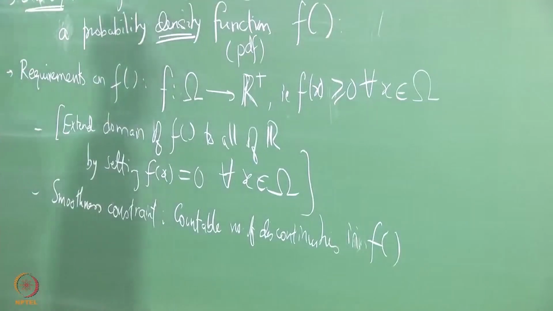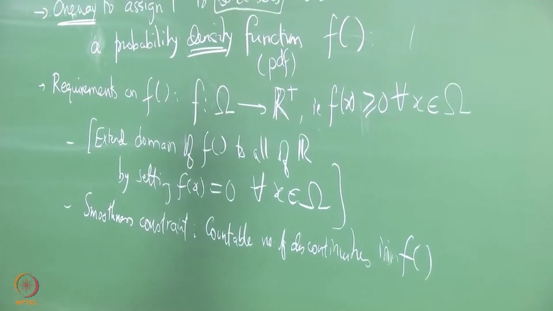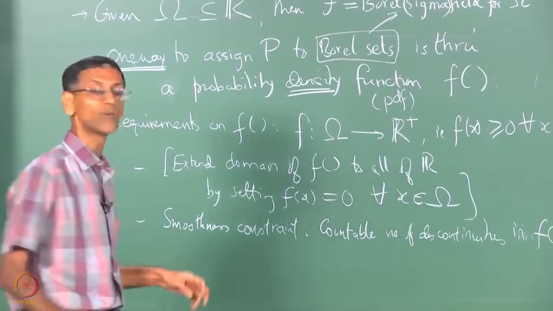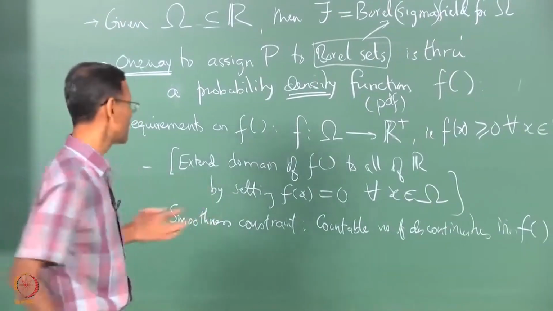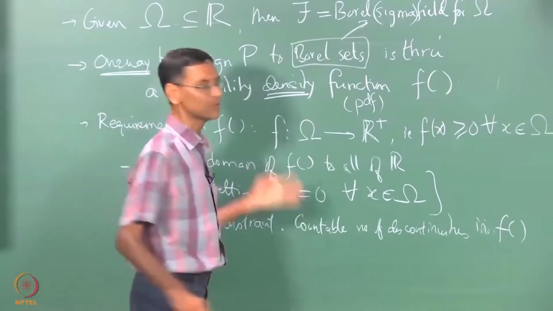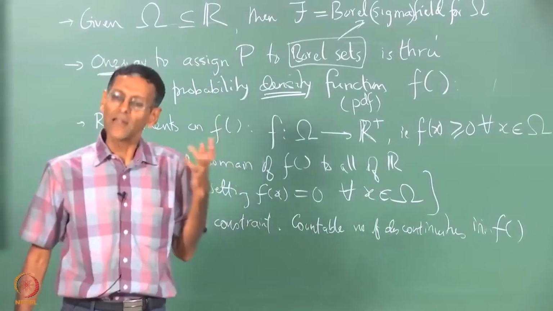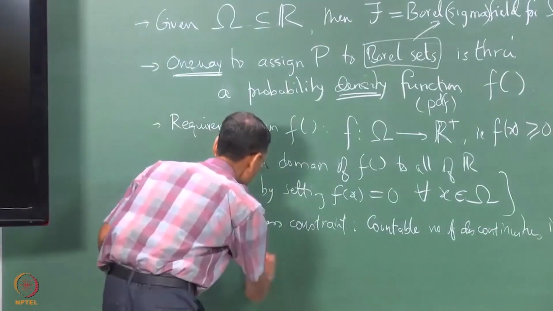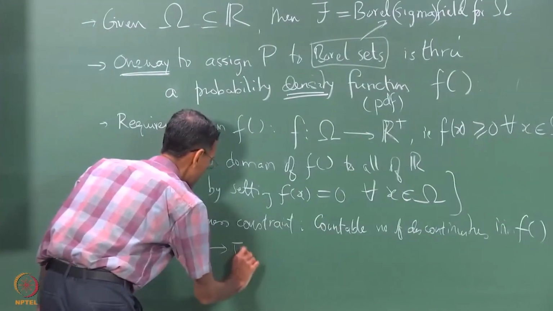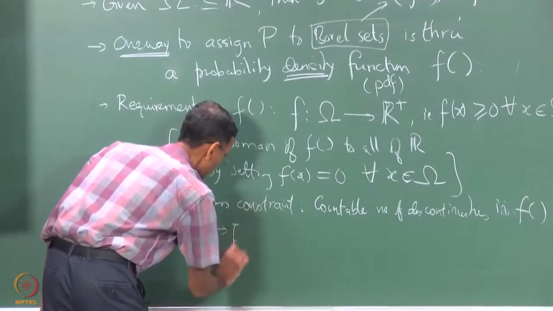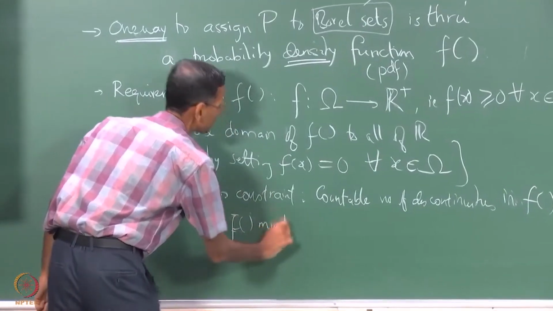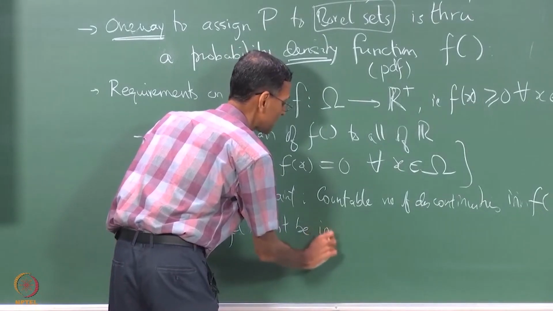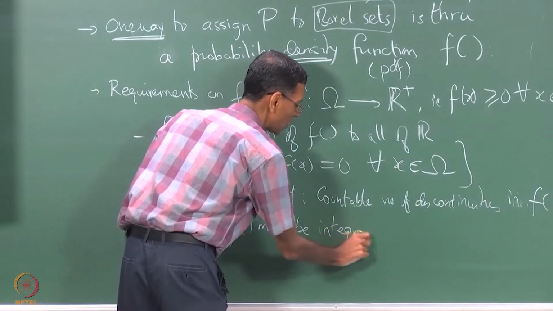So this function does not arbitrarily jump around, like for example taking one value for rational numbers and a different value for irrational numbers. If you think of such types of functions, mathematically it might be okay to define something, but is it integrable? So this has to do with the integrability constraint. So f must be integrable, and not only, I mean, integrable in the Riemann sense that we have been studying all along.